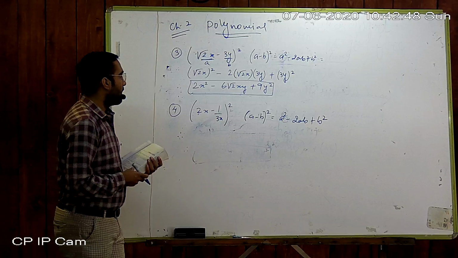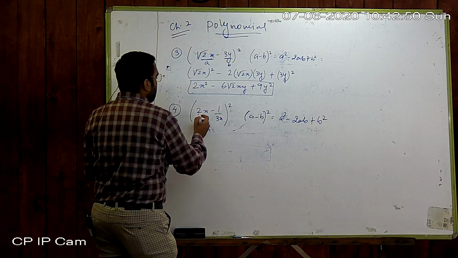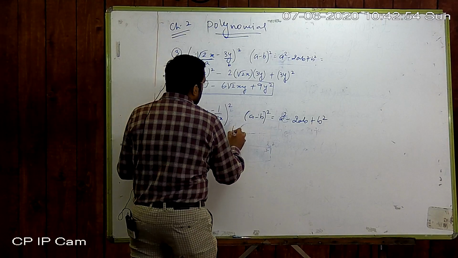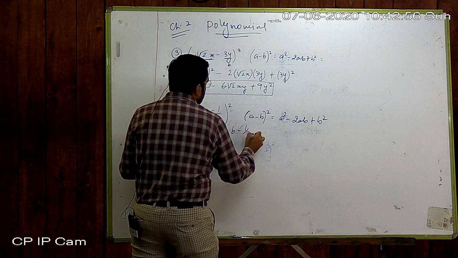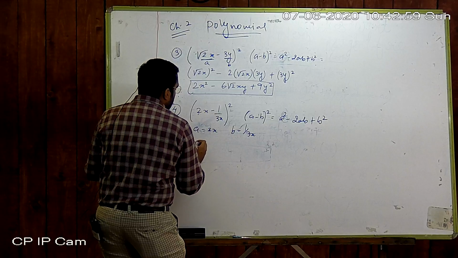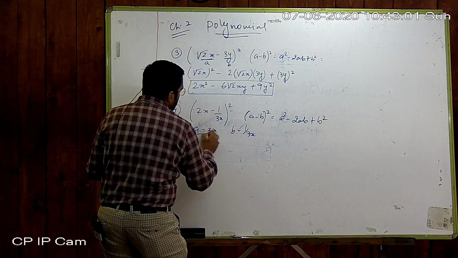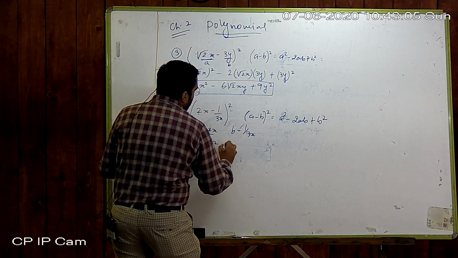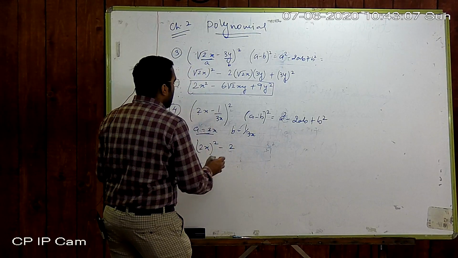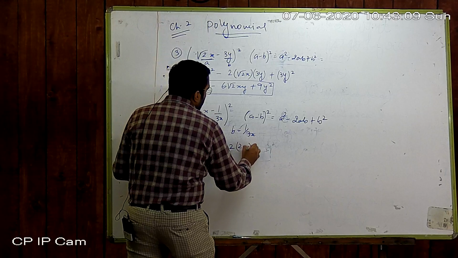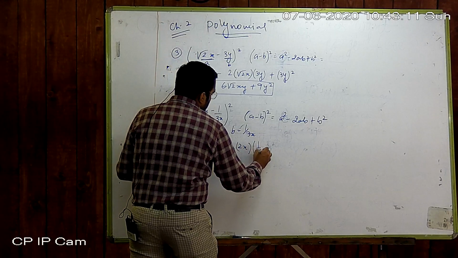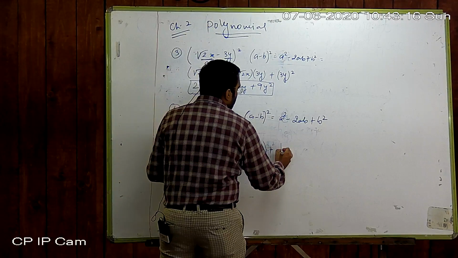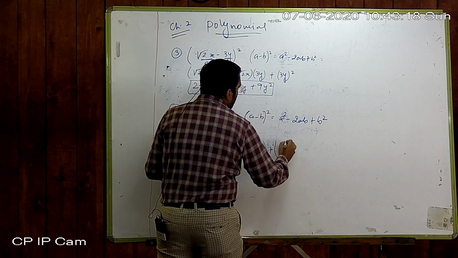As we know, first take a is equal to 2x and take b as 1 by 3x. So my answer is, first a means 2x, then a square is (2x) square minus 2 into a means 2x, into b means 1 by 3x plus b square means (1 by 3x) whole square.